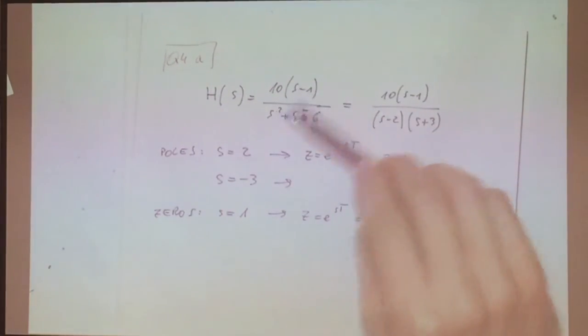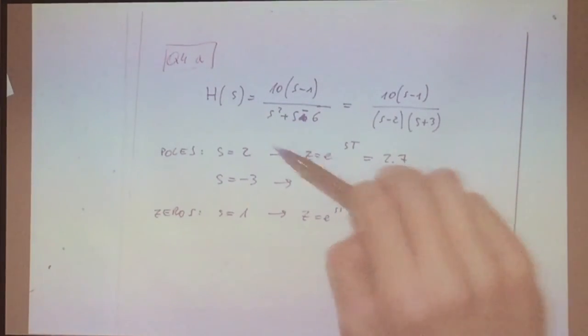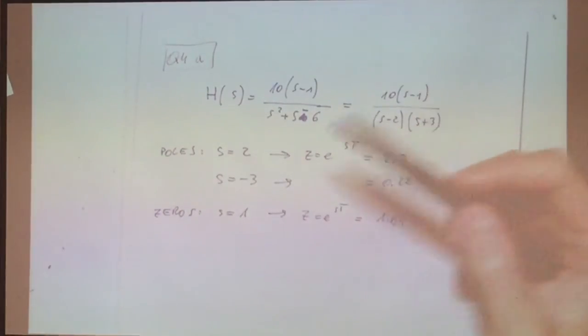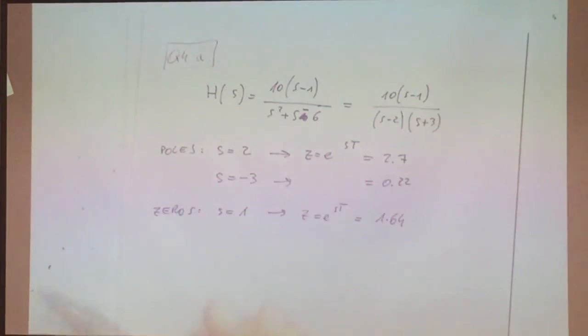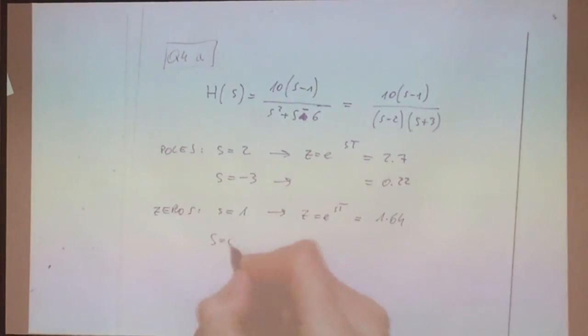So if they are the same power, there is no zero at infinity. If the denominator has one more power than the numerator, then there is one zero at infinity, and then there is one more zero at infinity for each additional power that the denominator has. So in this case, the difference is 1, there is one zero at infinity.